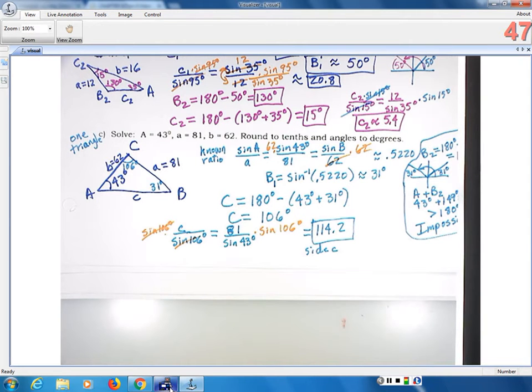And so it did get more complicated. But does it kind of make sense why there'd be 1, 2, or no triangles? Sort of. Okay. Well, the book is really good. I do recommend you read the book.